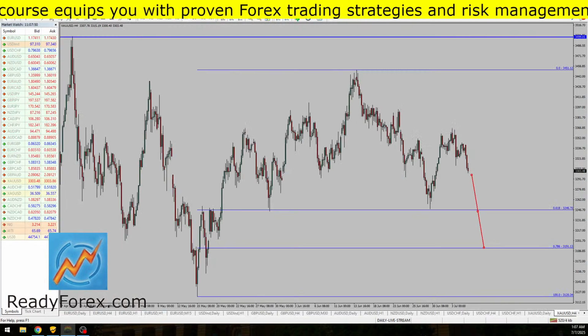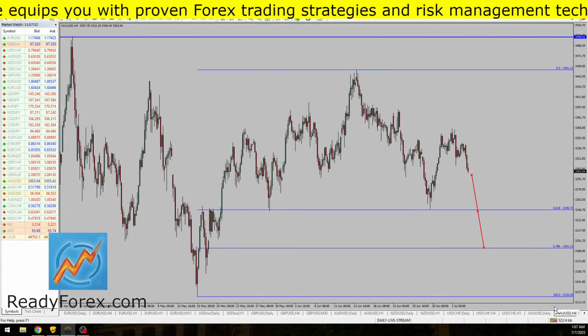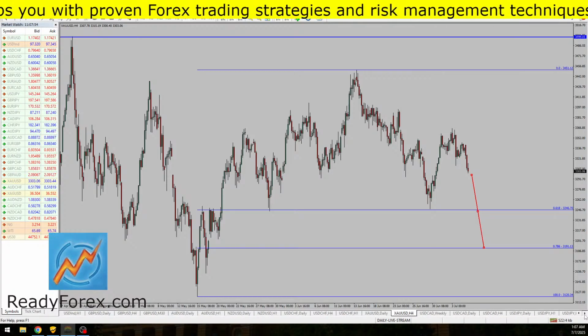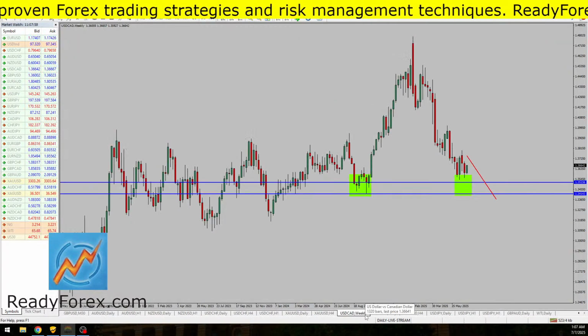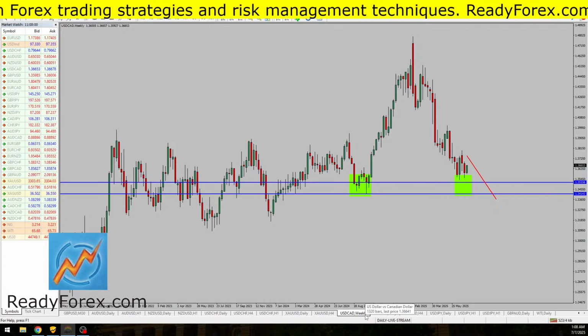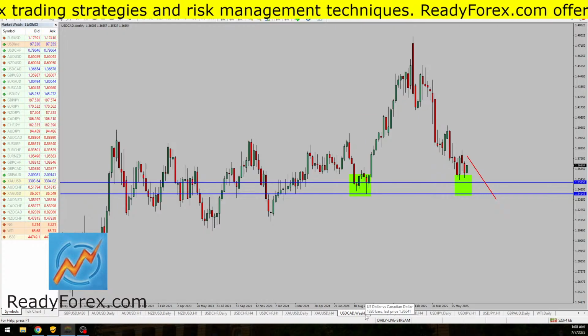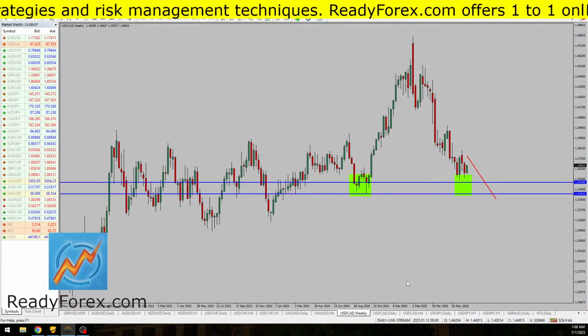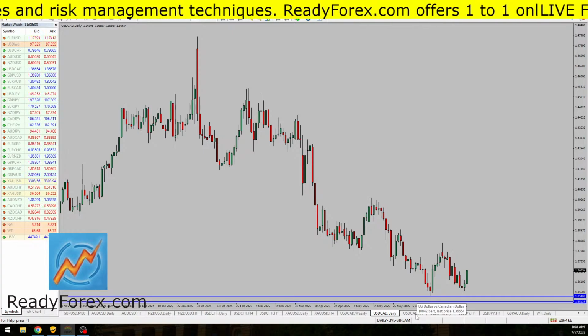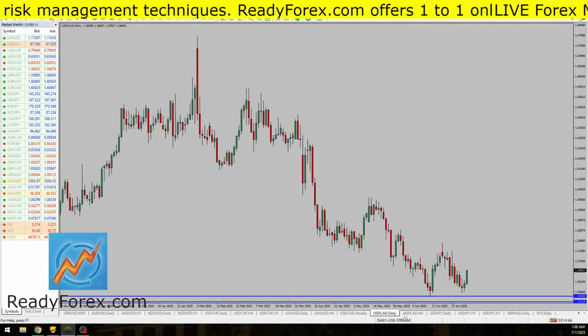Okay, let's go back to the other trading terminal. So spot gold, I'm expecting XAUUSD to drop more. Next one is the USDCAD, sideways in USDCAD.